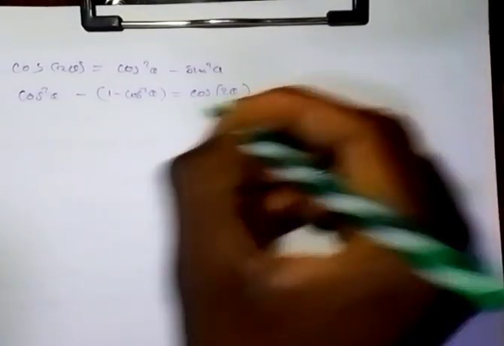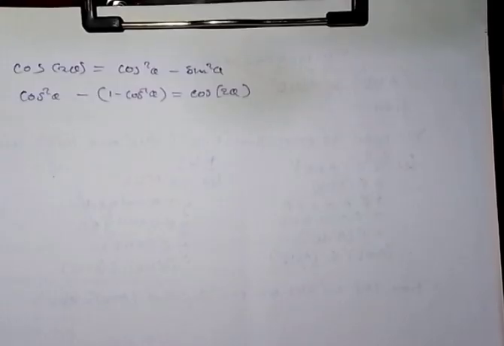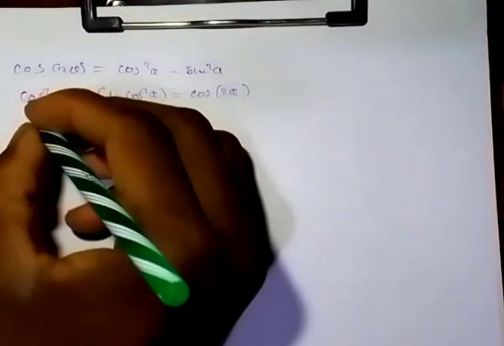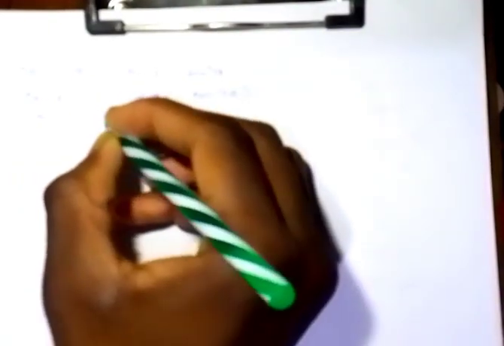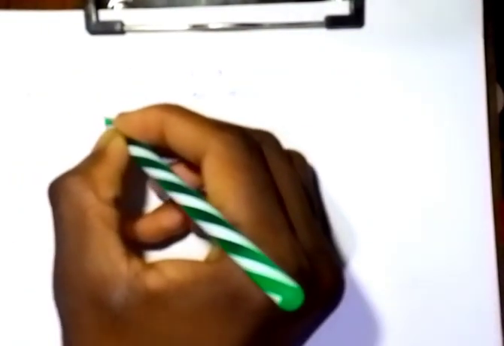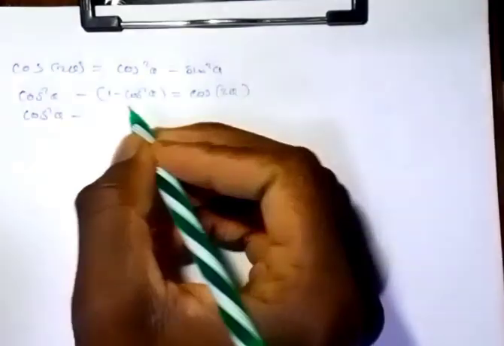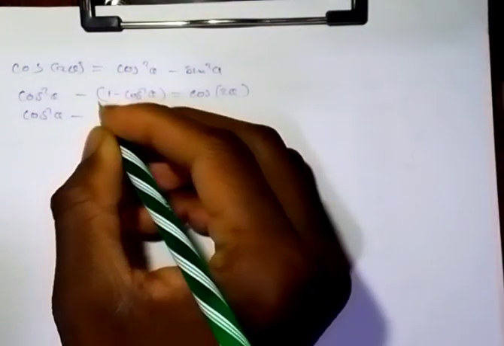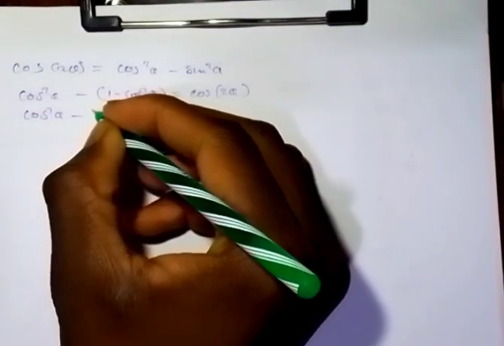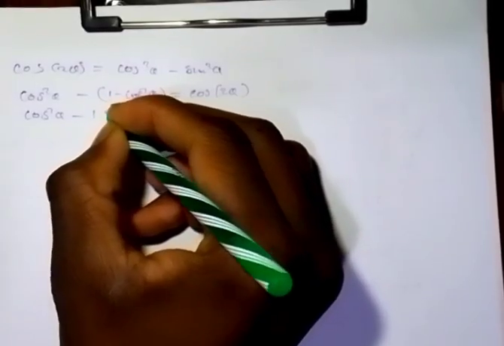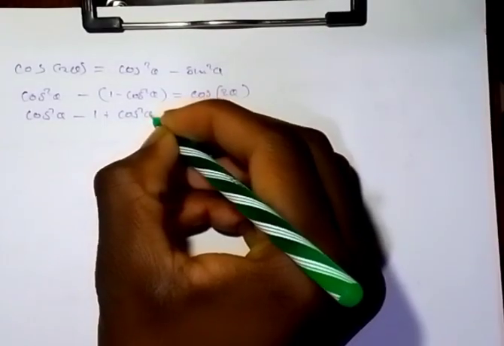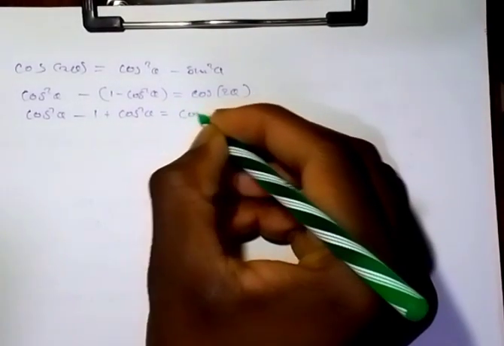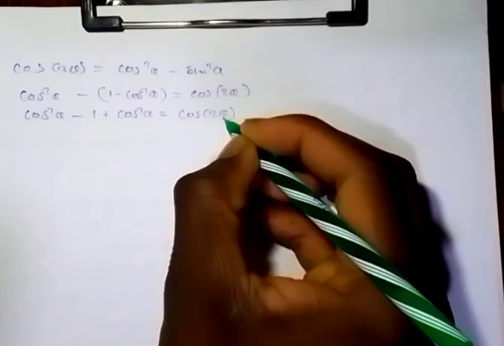Then from here we are going to say cos square theta minus, so this multiply what is inside, minus 1 plus cos square theta is equal to cos 2 theta.